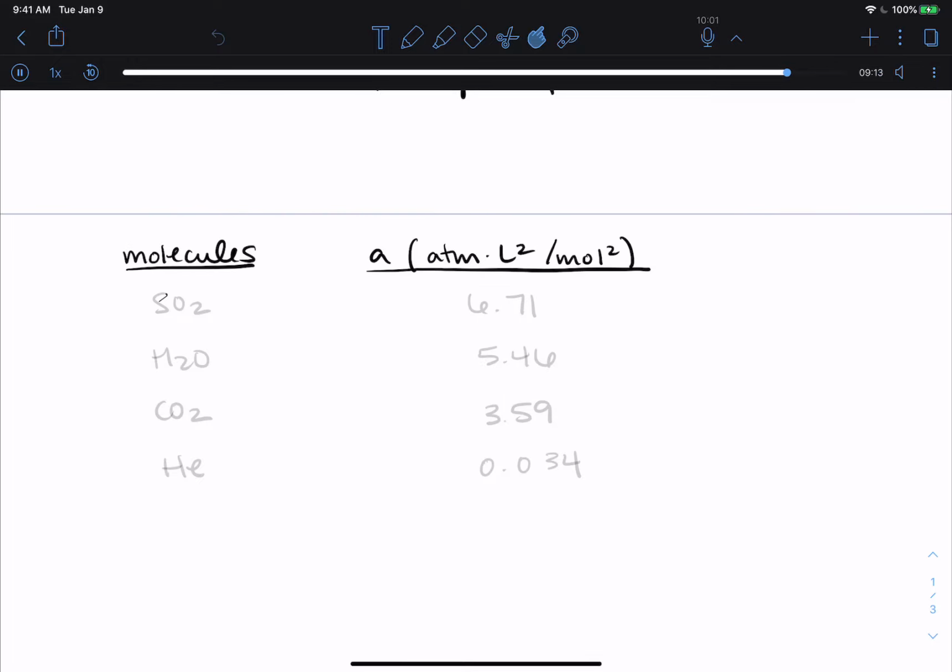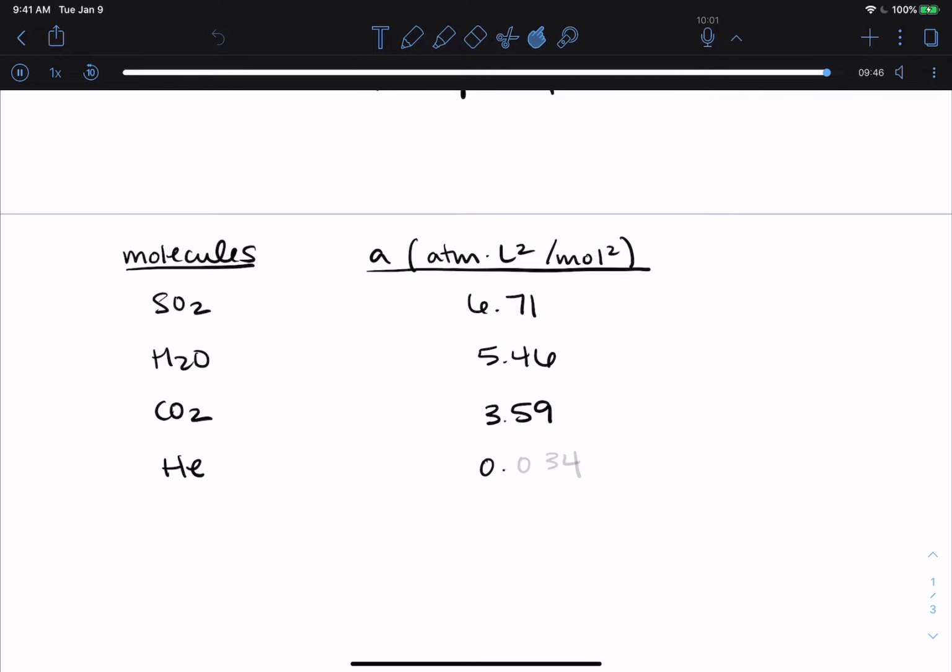Something like SO2 has 6.71 for a, H2O has 5.46, CO2 3.59, and then let's just go down to something like helium, which we saw was behaving pretty close to ideally based on our molar volume at STP, right?